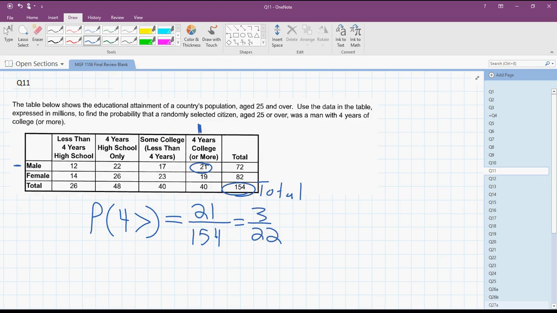It also depends upon which section this is coming from. Sometimes, depending on the section, you'd be looking at only maybe the column of 4 years or more. And then so your total might be out of the 40. But in this one, it's just plain old probability.